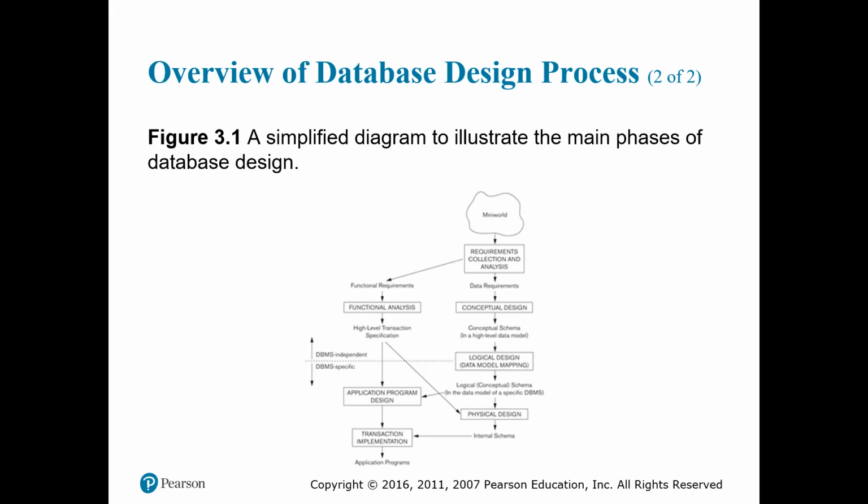So then you drop down into the logical design, which, you see, there's a dotted line between DBMS specific and DBMS independent. That logical mapping kind of spans those two.